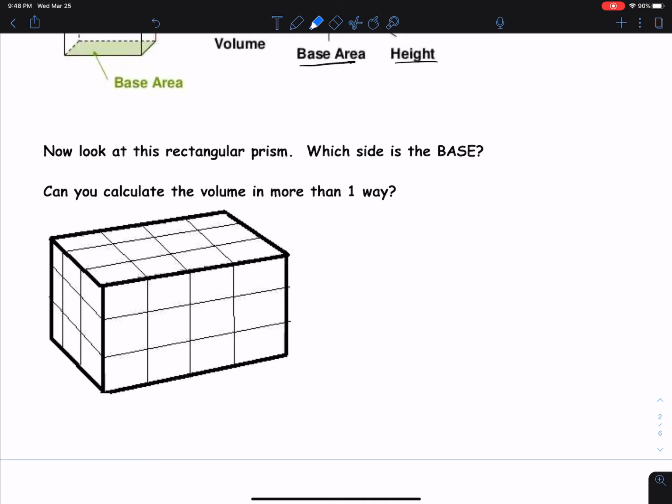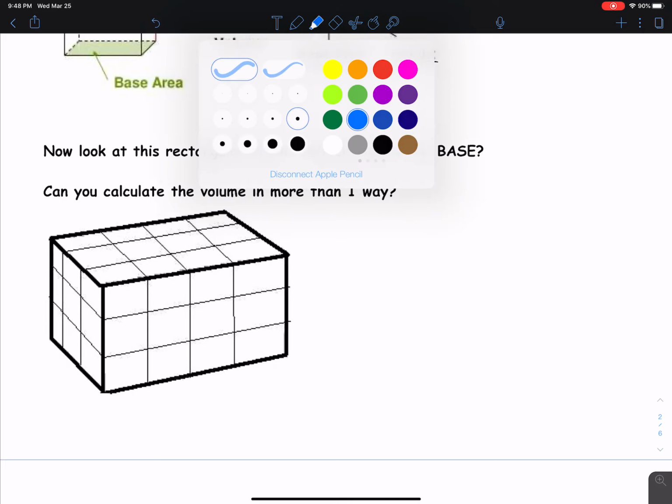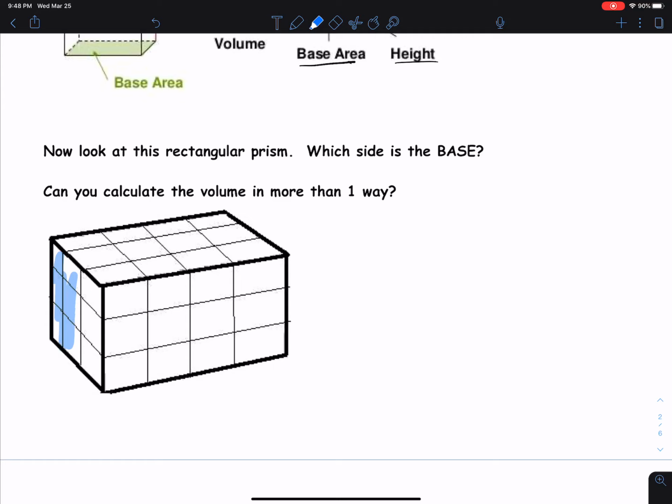But here, let's just say that this side is the base. So if we look at this base, this is actually a square, but a square is a rectangle. So the area of the base, so I'm just going to do a capital B, that's 9 units squared.